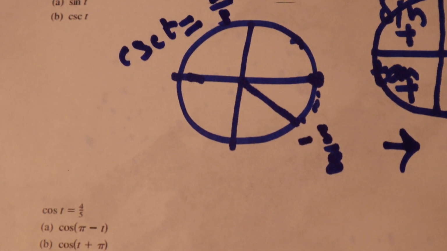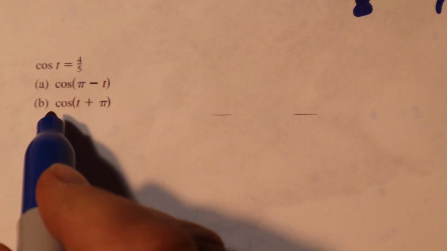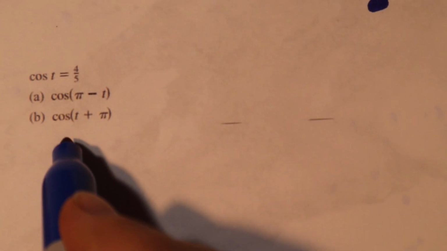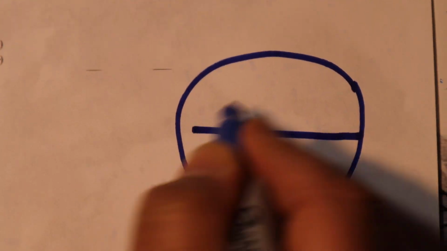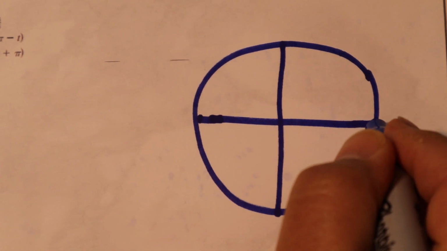The second question that we have: find cosine, given cosine t equals 4 over 5. Find cosine of pi minus t and cosine of t plus pi. Okay, look at the unit circle. It's not a perfect circle, anyway.